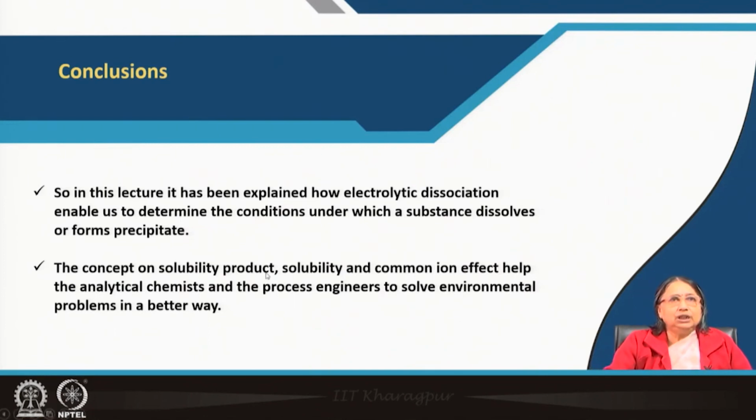Now, as the conclusion we can say that in this lecture it has been explained how electrolytic dissociation enables us to determine the conditions under which a substance dissolves or forms a precipitate. So, solubility product is the key factor that will tell you under which condition it will precipitate. KSP value is constant, but solubility you can vary by adding either common ion or without adding common ion.